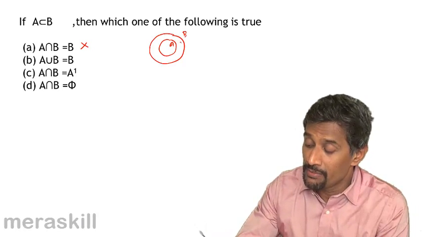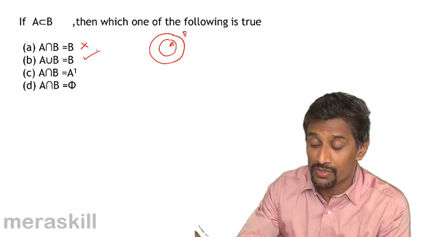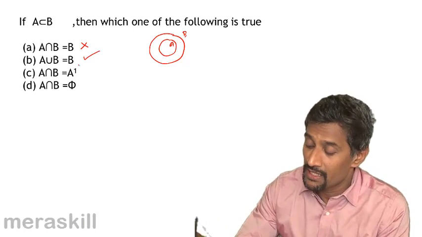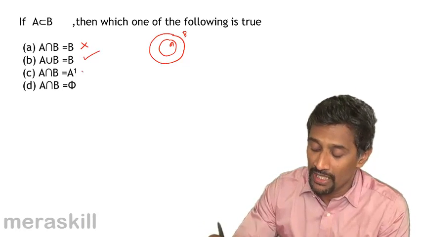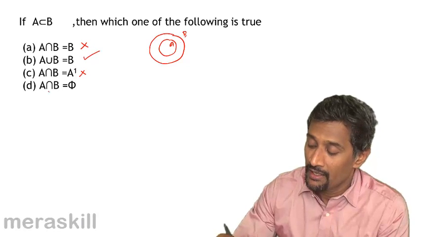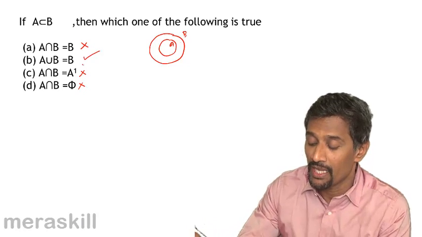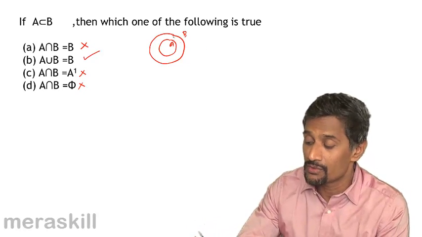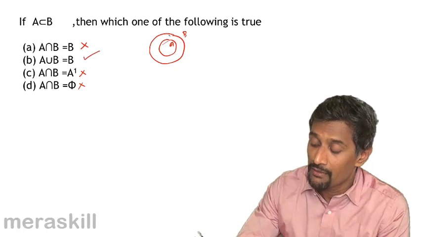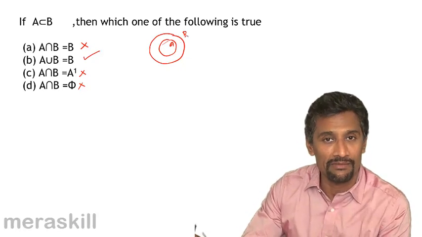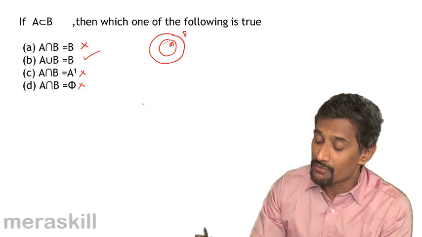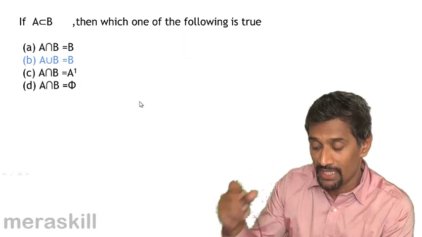A union B is B. Yes, this is true. A intersection B is not A dash, it is A. A intersection B being a null set is not true. So A union B: you unite A with B, you get B itself, right? So A union B is B.